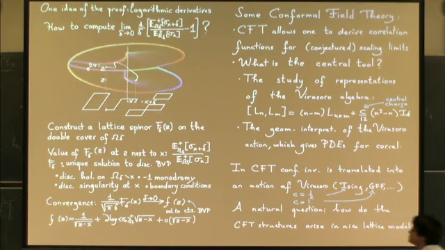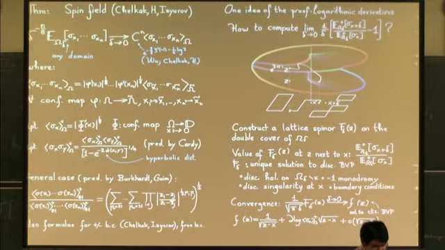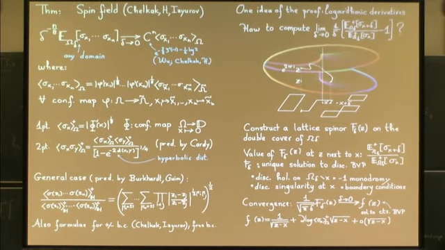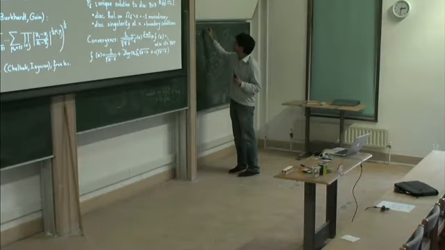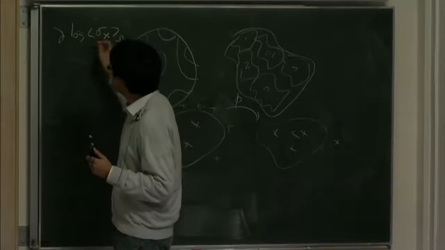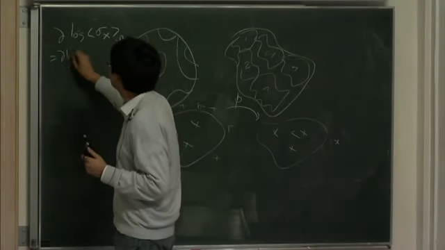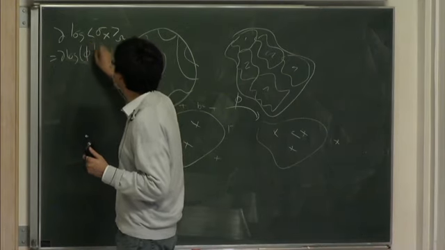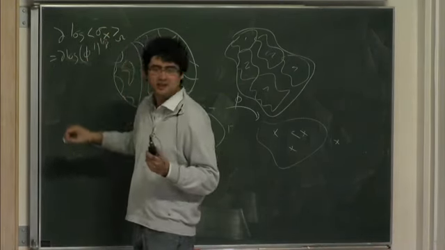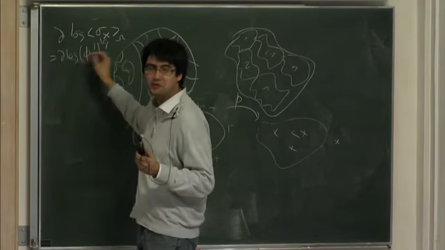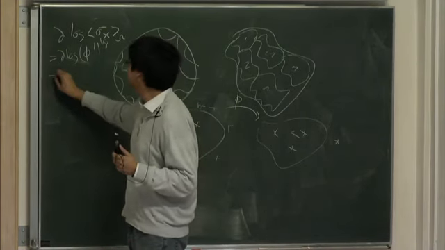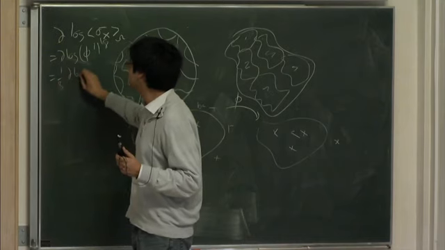Okay. So if you look at d log of sigma of x, omega, the log of this is d log of phi prime to the power 1/8, and phi prime is the derivative of the conformal map. So this is 1/8 d log of phi prime.